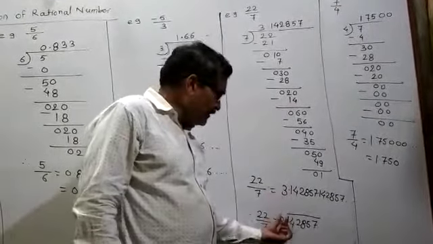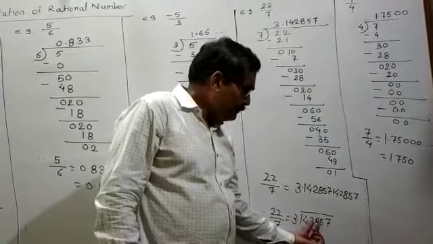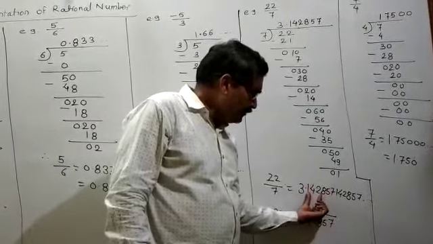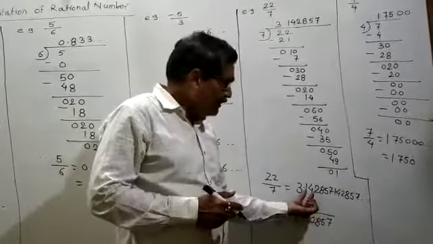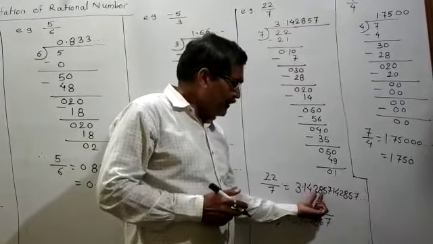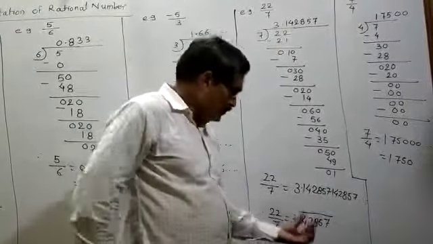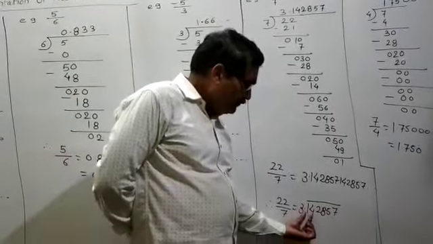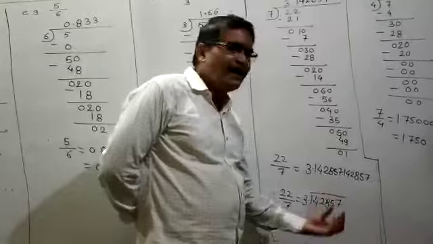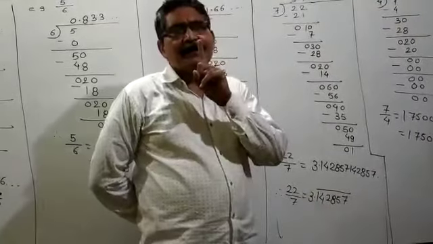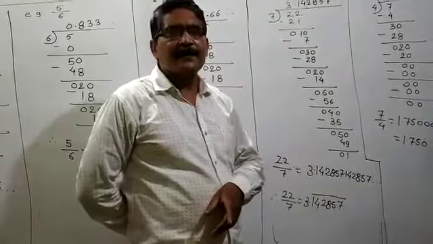So 3 as it is you have to write, then 142857, and this group is repeating. That's why you have to write the bar. If a single number repeats, you write the dot. If a group of numbers repeats, you write the bar.